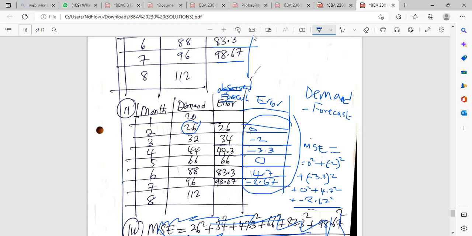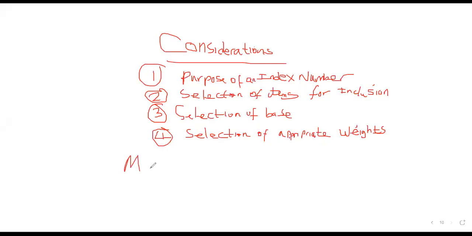All right, so the total here is giving me 44.1089.